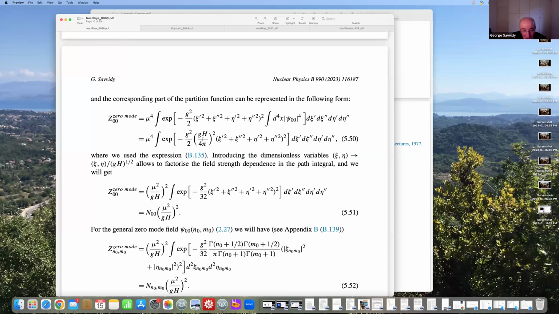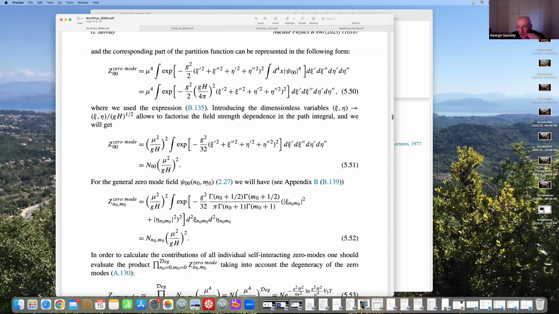So h squared disappears from the exponent, but then you have d psi, d eta, d eta, and that produces gh in the square in front of the integral. So all dependence on the field gets out of the path integral. What remains is some number, which I write as n00, multiplied by 1 over h squared.